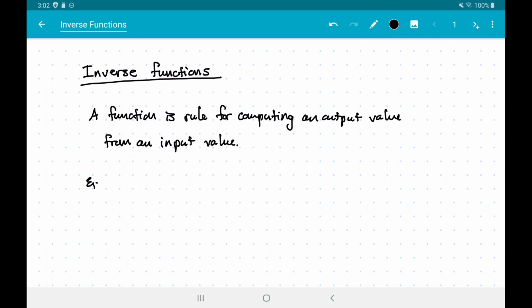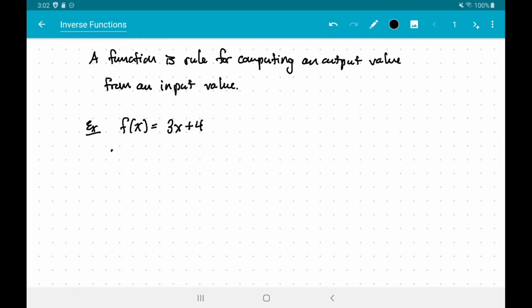As an example, I'm going to use a linear function, f of x equals 3x plus 4. And if I use as input, say, 10, I can apply f to the number 10, or plug in 10 for x, and that means to calculate 3 times x plus 4 using x equal 10.